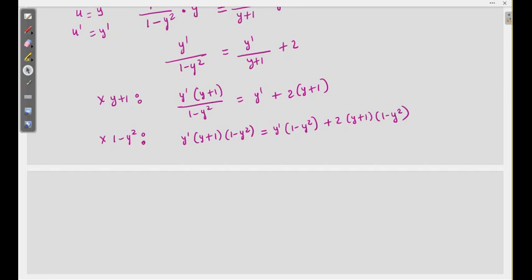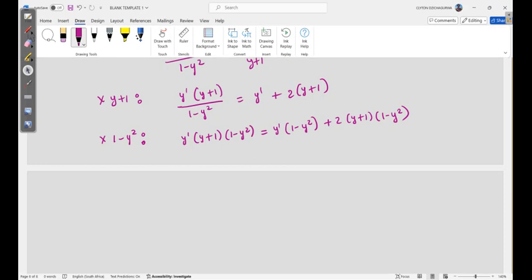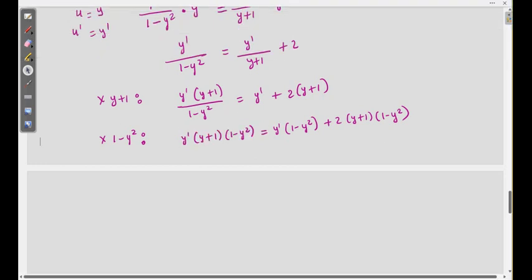Wait, why is the 1 minus y squared there on the left? Oh, they cancelled each other. Oh, thank you so much. Yeah, they cancelled each other.